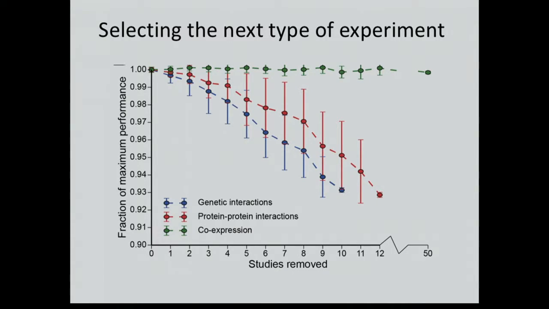And you can look then at how you decrease that fraction as you pull out data. And we've looked at multiple ways of pulling out data. You can pull out interaction by interaction, and qualitatively the results that I'm going to show you don't change. But here we thought it was a little bit more intuitive to pull it out study by study.